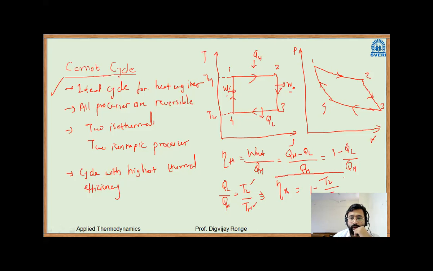So this formula is applicable only to a heat engine working on the Carnot cycle. For any heat engine, the earlier formula is applicable, but for heat engines working on the Carnot cycle, this formula is an added advantage. We can use both the formulas.